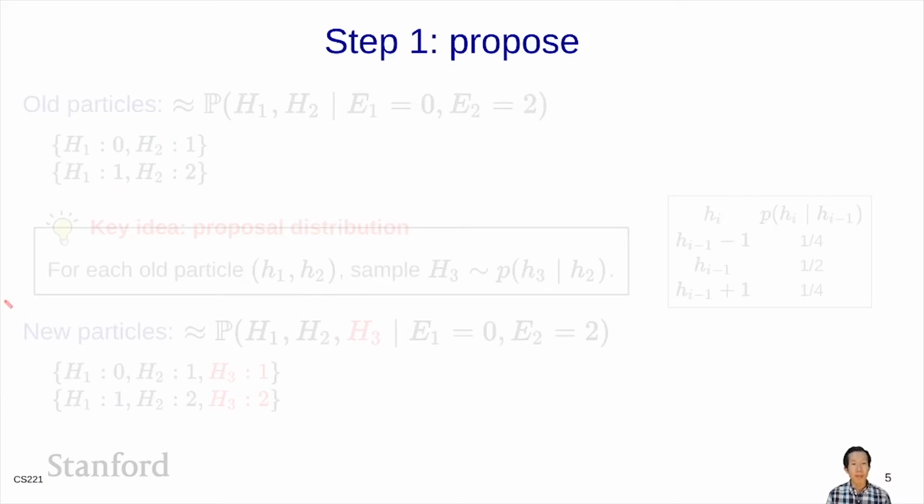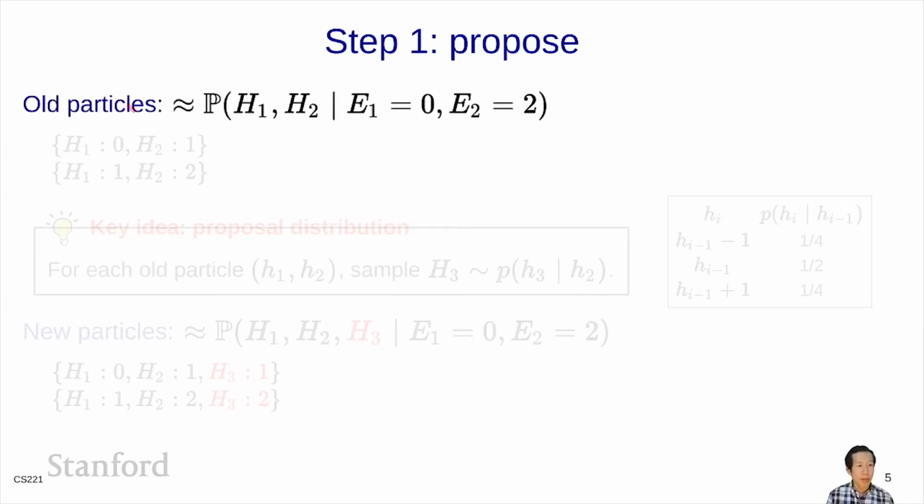The first step is propose. So in general, you should think about the set of particles as approximating a certain distribution. So in general, the filtering distribution is the probability of the variables that you are considering conditioned on the evidence so far. And suppose we have just 2 particles here, 0, 1, and 1, 2.